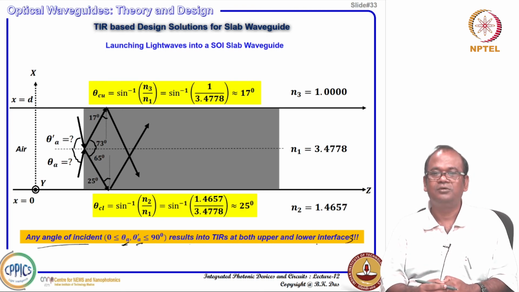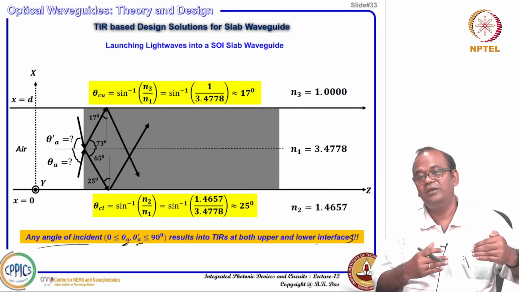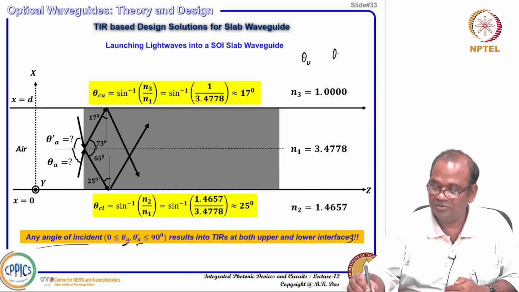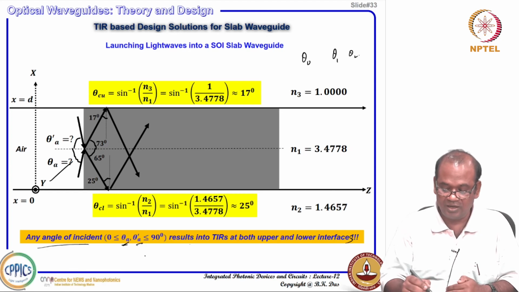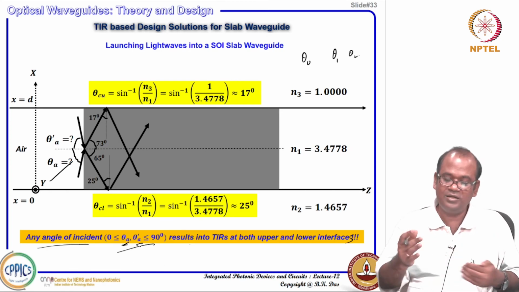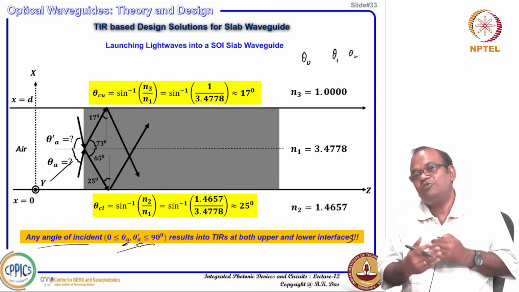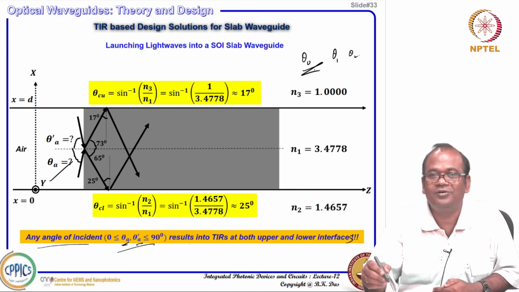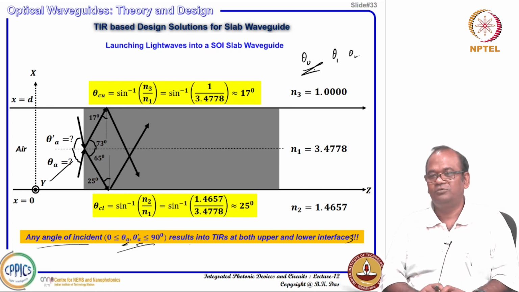So I can launch in any direction, and it can satisfy one of the solutions you desire, theta naught, theta 1, theta 2. You do not need to bother, the incident angle can be anywhere, but total internal reflection can take place. That particular angle ensures total internal reflection, but may not ensure the solution for a guided mode. The guided mode solutions, whichever way we discussed, have to be followed.